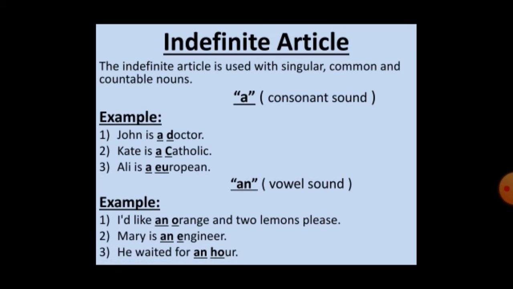So here, in this word hour, the H sound is silent. That's why we pronounce a vowel sound, and when a vowel sound comes first before a common, singular, countable noun, there we use an.